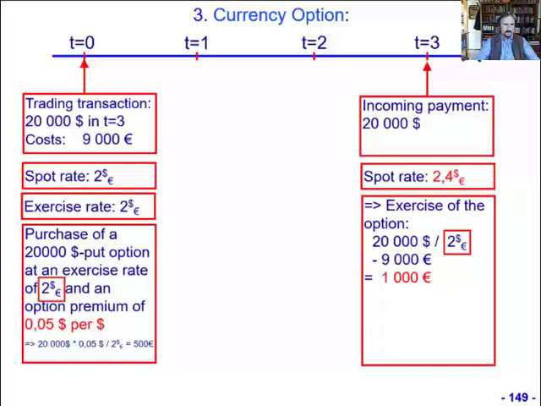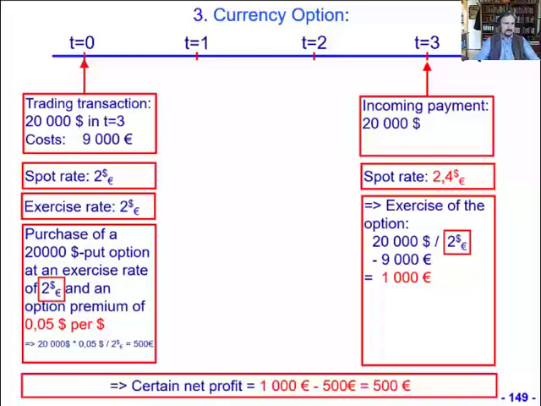So the certain net profit in this case, when we exercise the option, is equal to 500 euro. This is the minimum net profit we can make based on this deal if we hedge the exchange rate risk with a currency option.